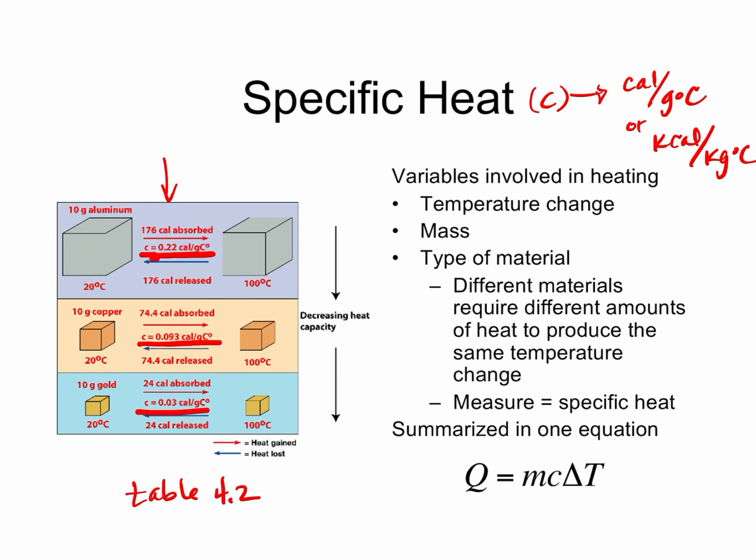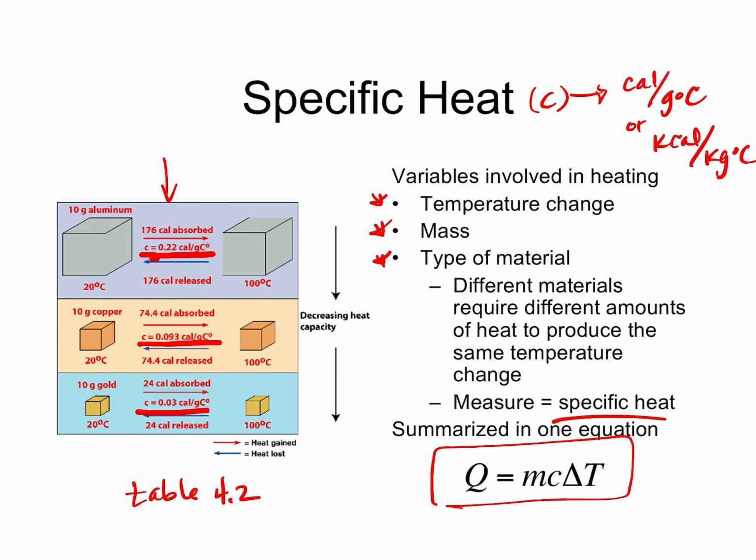It's table 4.2, and it's going to give you some specific heats that you will need to look at whenever you're doing your homework. Okay? So things that you have to know whenever you're solving specific heat problems, you need to know the temperature change, you need to know the mass, and you need to know what it is. And what it is going to determine what specific heat to use.